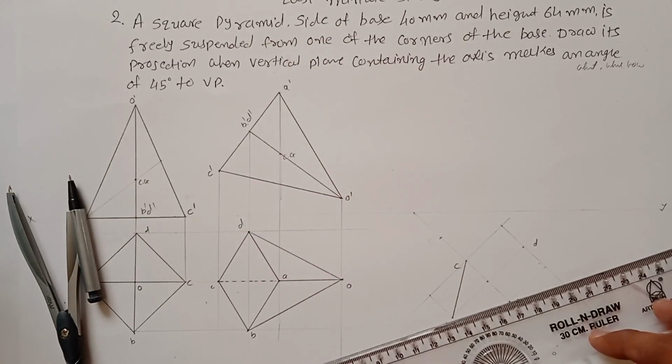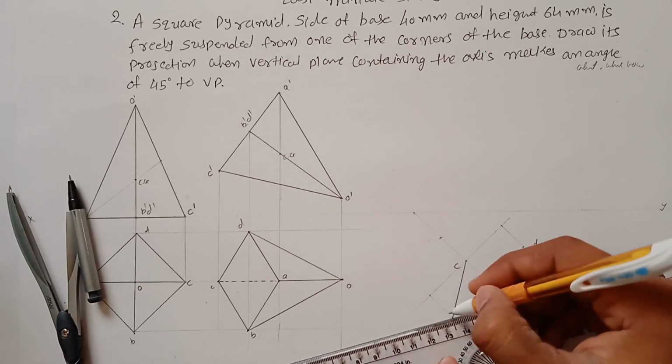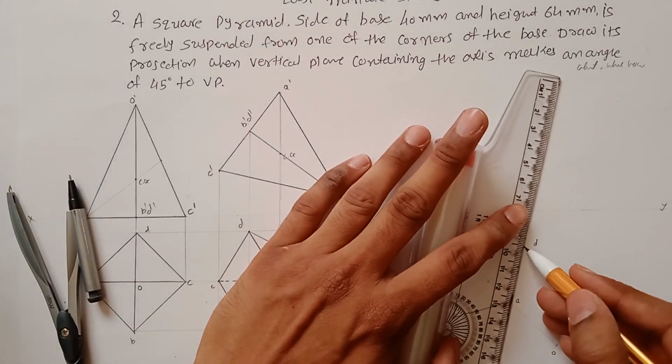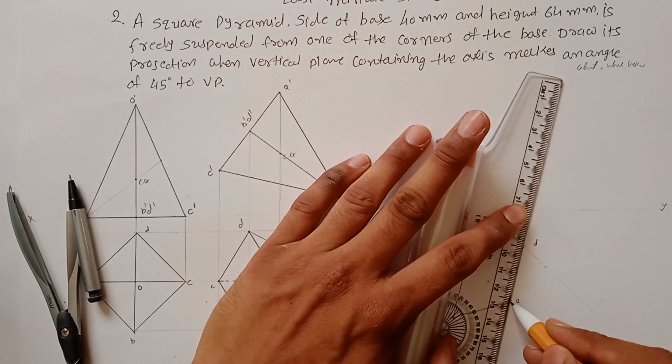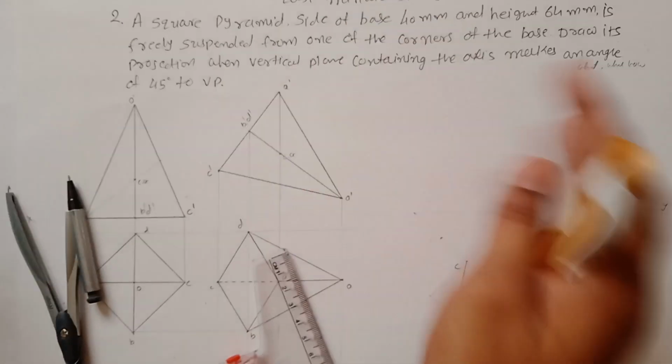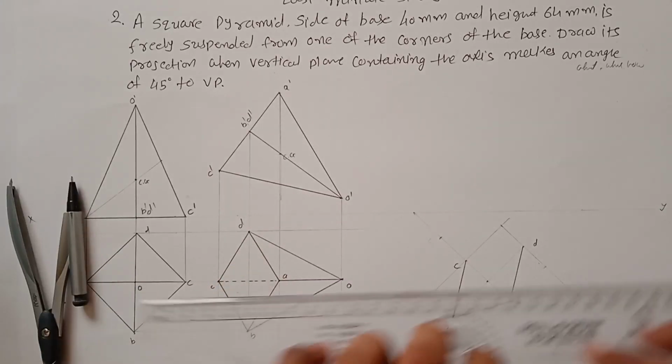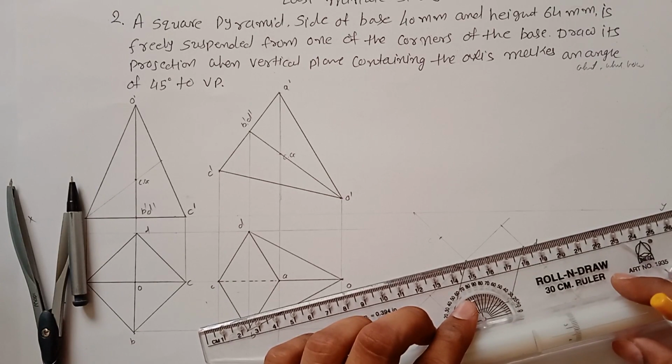See, this is not the only method. You can draw it with a different method also, but this will give you an accurate result. You can first of all draw this rhombus here with the proper dimensions, whatever dimensions it has, and then complete the shape.